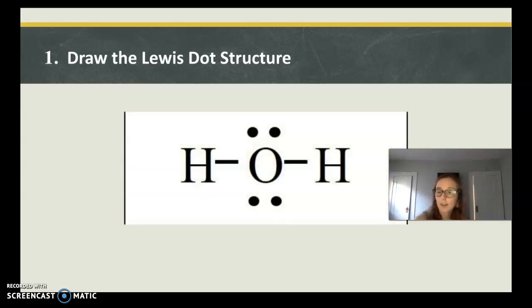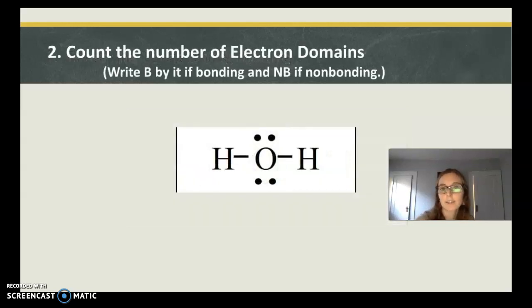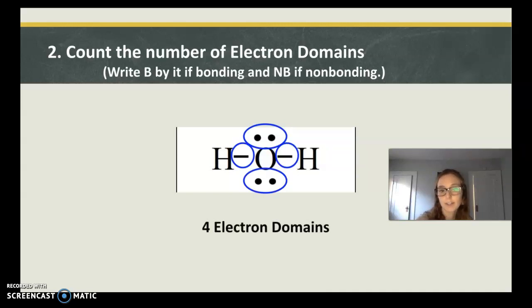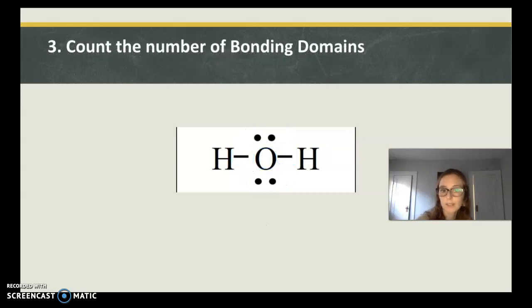If I did all my steps for drawing the Lewis dot structure, this is what I would get for H2O. Next, I count how many electron domains I have. According to the video that you should have watched for last class, you have 1, 2, 3, 4 electron domains around it. Next, I'm going to figure out which of these are bonding and which are non-bonding. Those names kind of give themselves away.